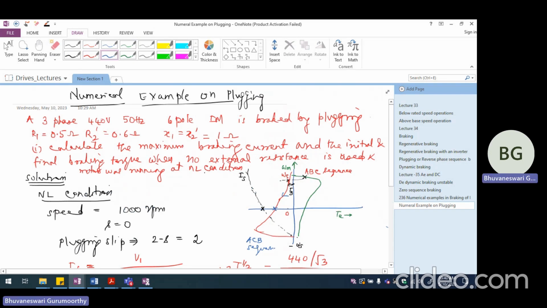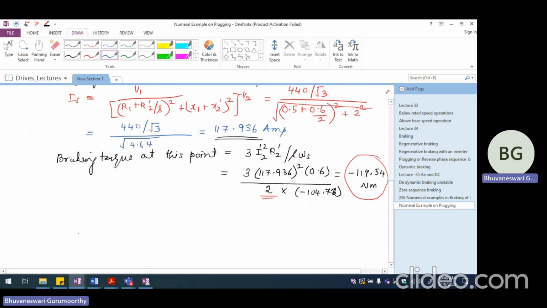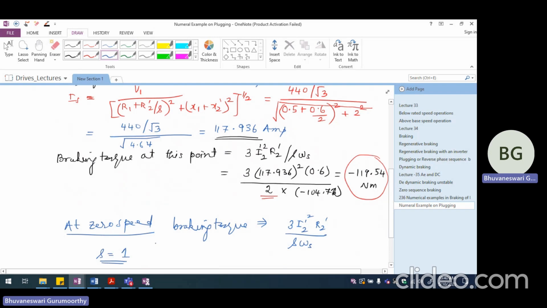So when it is zero speed condition, if I try to calculate the braking torque at zero speed, it will be calculated again as 3 I2 dash square at zero speed condition R2 dash divided by S omega S, where S is going to be 1. At zero speed, the slip is 1.